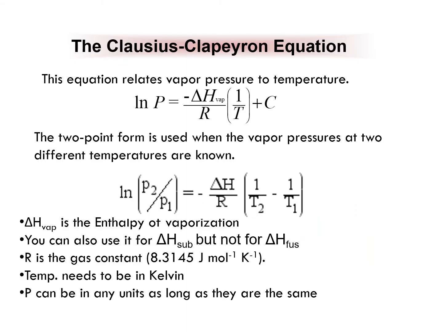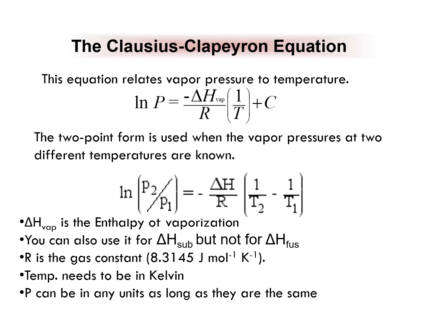The Clausius-Clapeyron equation can also be rewritten in the so-called two-point form. Basically, you write this equation a first time for a value of P and a value of T, let's call them P1 and T1. Then you rewrite it for a second value of pressure, so you would have P2 and T2.